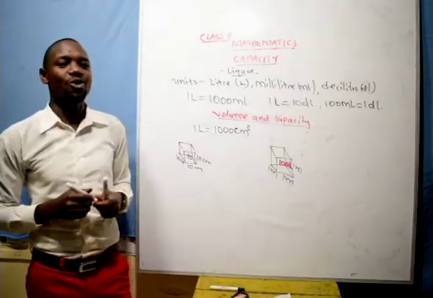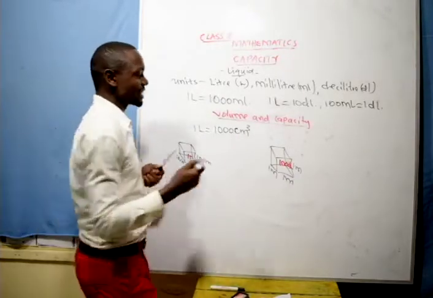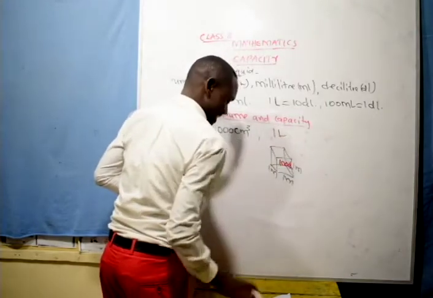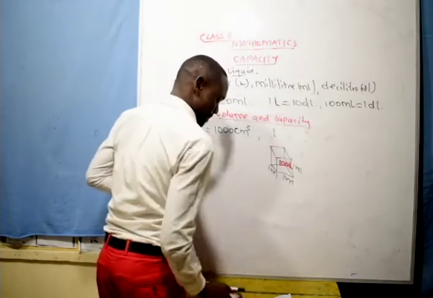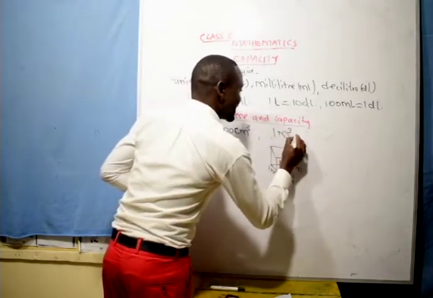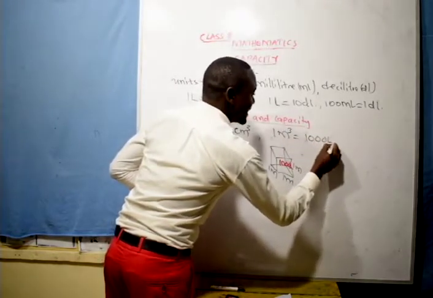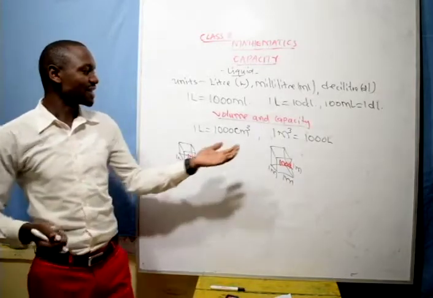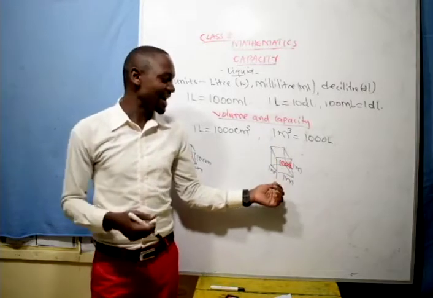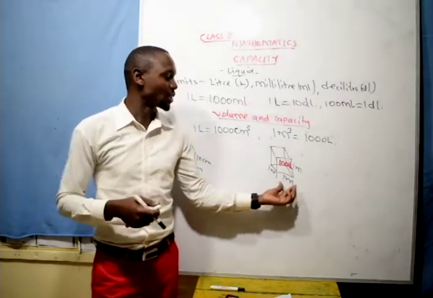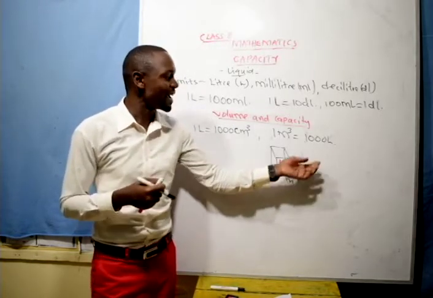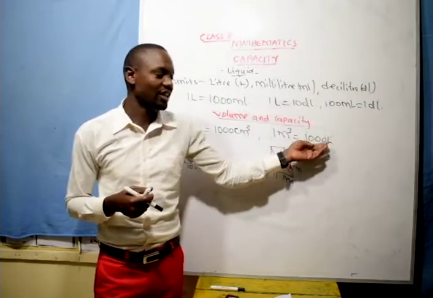That tells us that 1 cubic meter is equal to 1000 liters. A container that measures 1 meter by 1 meter by 1 meter will hold 1000 liters of water.